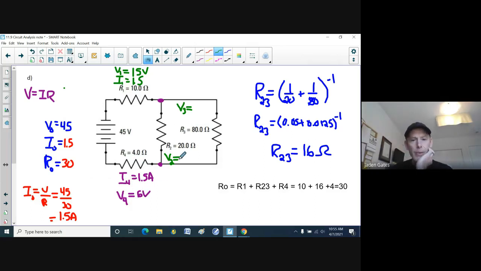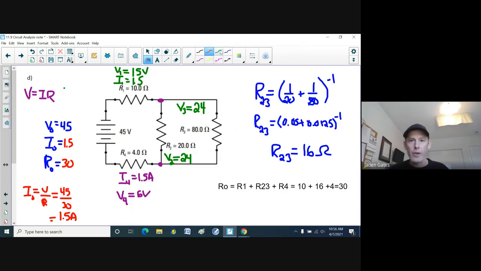Now, no matter what happens, V2 and V3 are going to be the same because our charges have to come back to the source with no energy left. So if we start with 45, well, you subtract 15 from load 1, so now we're down to 30. And then 6 are going to be used up on load 4, so now we're down to 24. Well, that means that 24 must be used on V2 and V3. There we go.